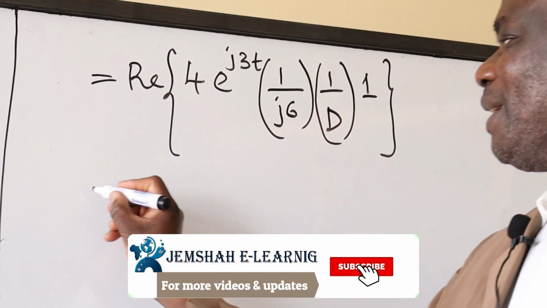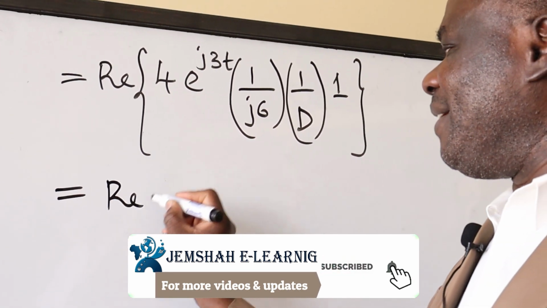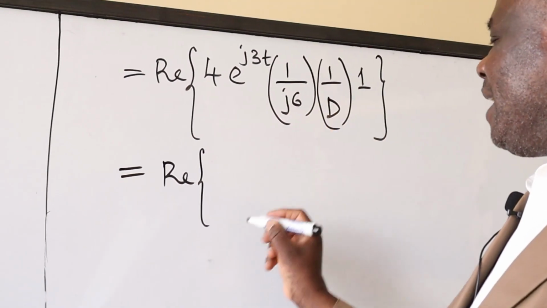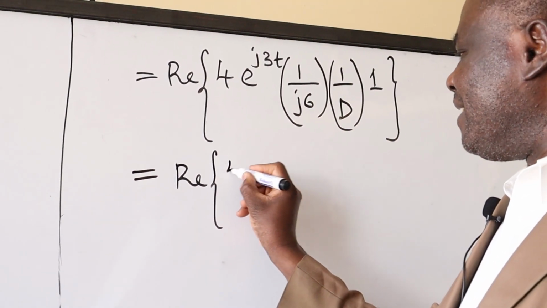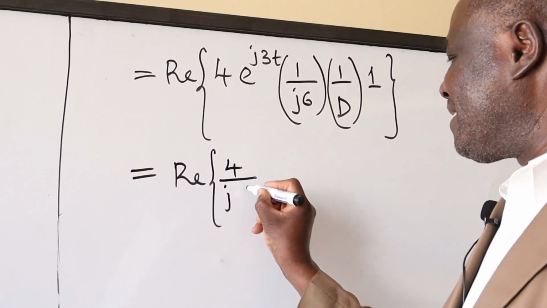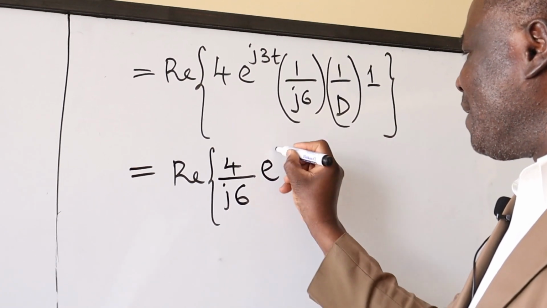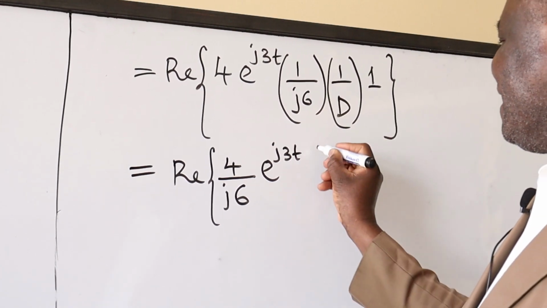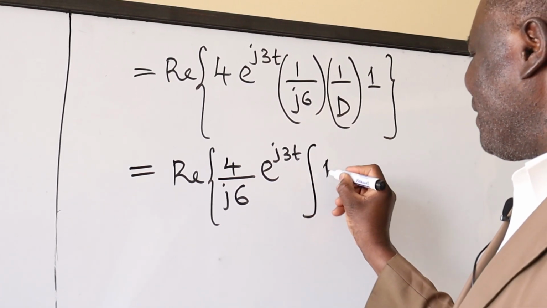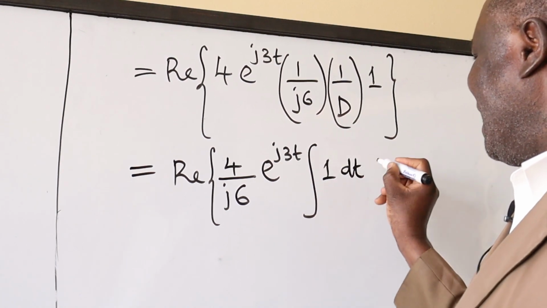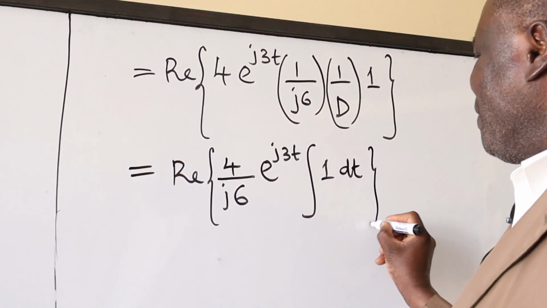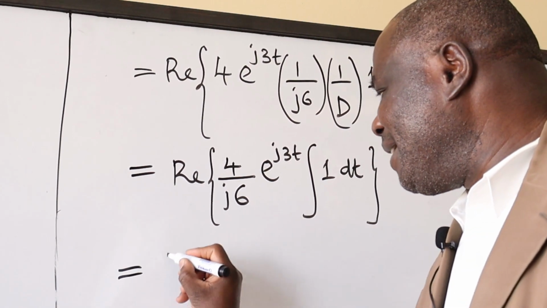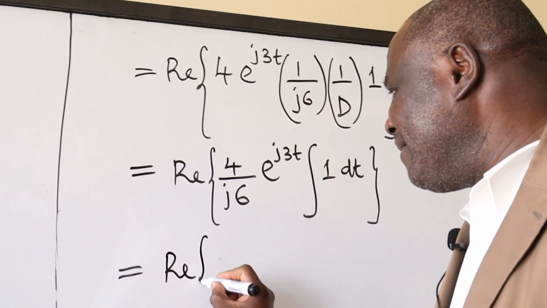So this will be equal to the real part of 4 divided by j6, that is 4 all over j6, we have exponential j3t. 1 over D is the integral of 1 with respect to t. We were working on a function of t. So this will be the real part of.